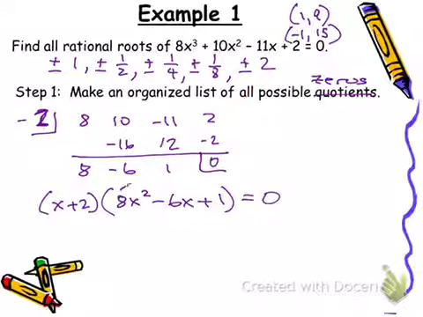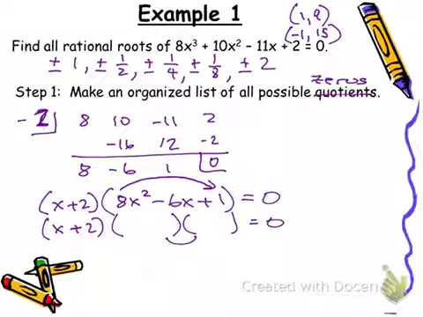Is this factorable? Are there any factors of 8 that add up to be -6? -4 and -2. So what I'm looking for here is -2x and -4x. So it's pretty clear I'm going to use 2x times 4x to get 8x squared, right?